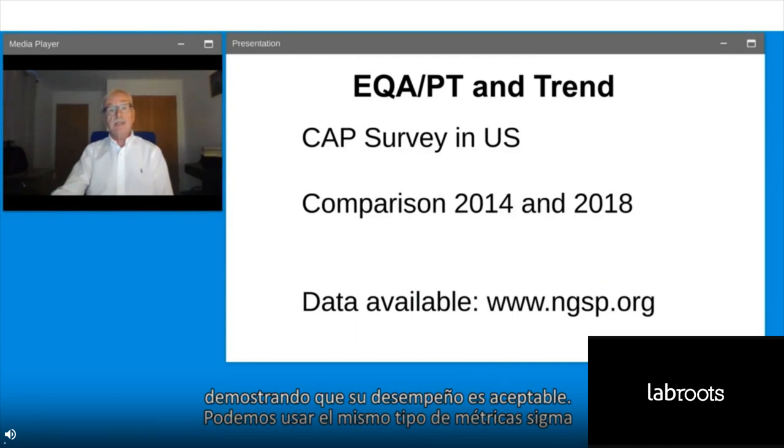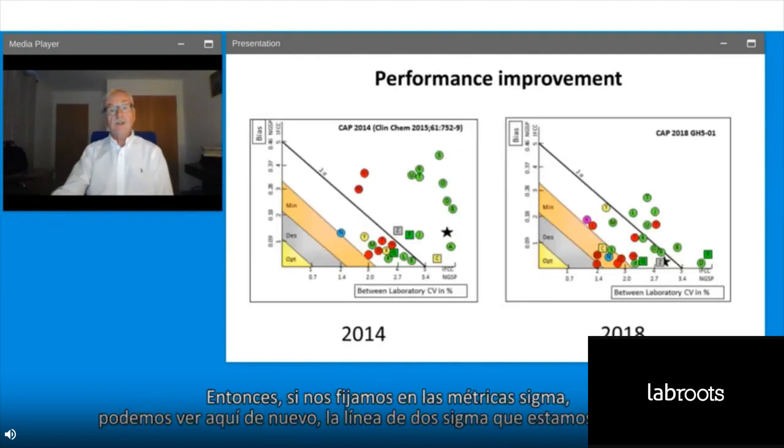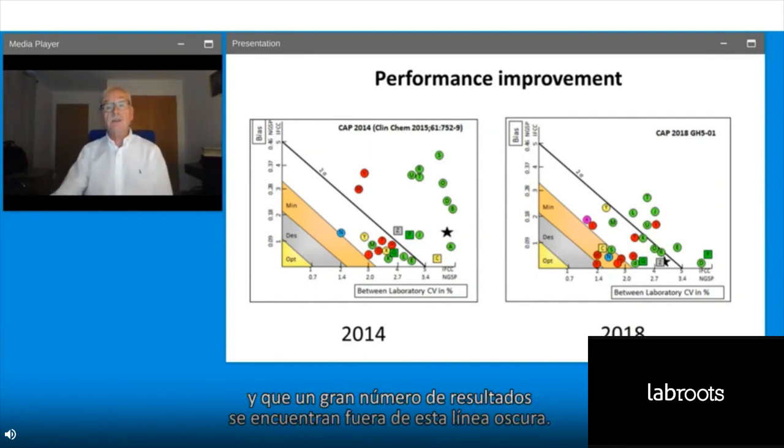We can use the same kind of sigma metrics. Look at the CAP survey we looked at earlier. We can compare 2014 and 2018. So if you look at the sigma metrics, we can see here again the 2 sigma line is what you're aiming for, and that the large number of results are lying outside this dark line.